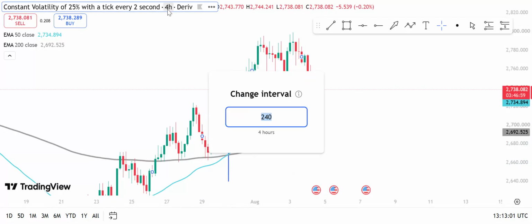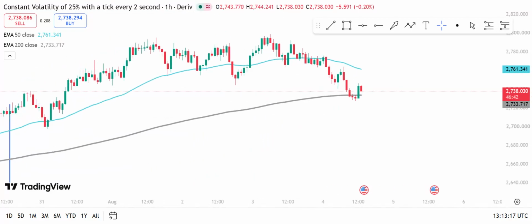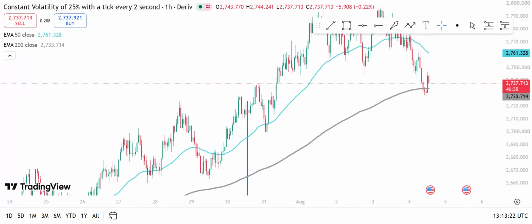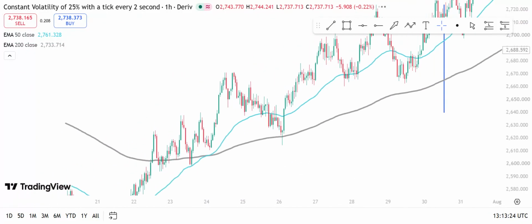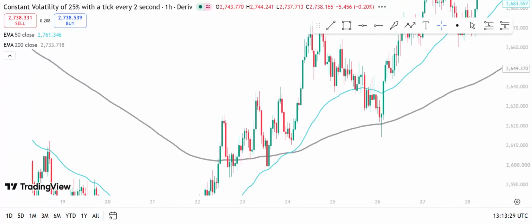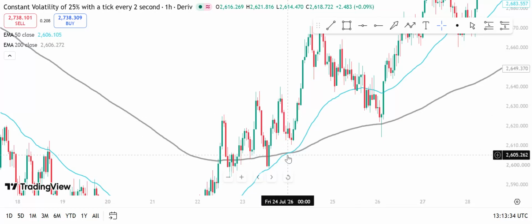Let's go into a lower time frame and see what happened. I want to try my 1 hour. How many minutes is in 1 hour? 60. Okay, let's get into the 1 hour time frame. As we can see already in our lower time frame, our cross happened a long time ago down here.